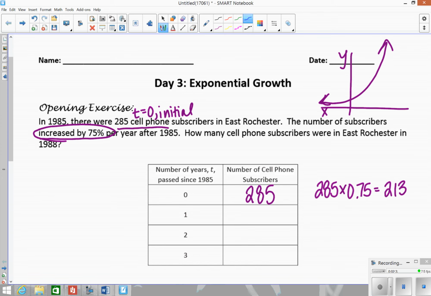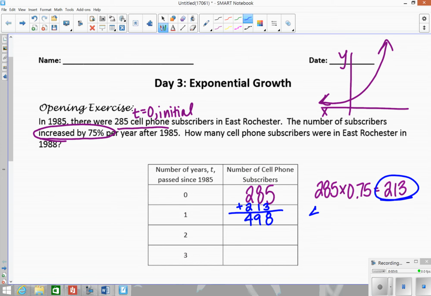So that means if I want to find how many in 1986, 1 year after, I'm going to take this amount and I'm going to add it. So add that to this, and we end up with 498 subscribers. Then if you want to know the next year, well, it's increasing by 75% on this year here, on this 498.